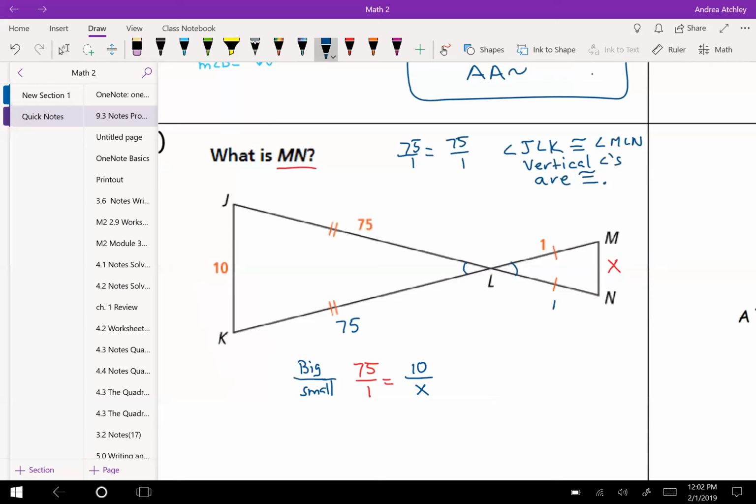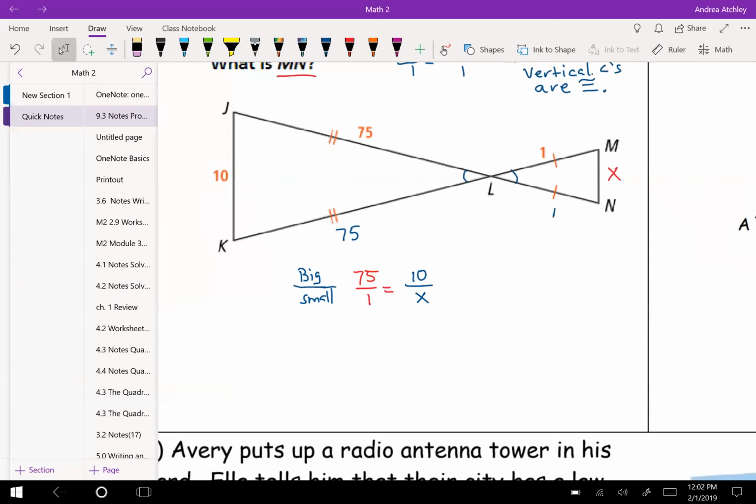Now that I've set up my proportion, since the ratios should match, I'm going to just cross multiply. So X times 75 is 75X. 1 times 10 is 10. I divide by 75, I divide by 75, and I get x equals, let's take my calculator, a really small number.